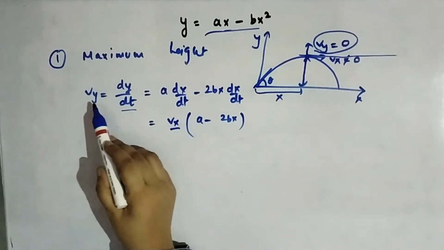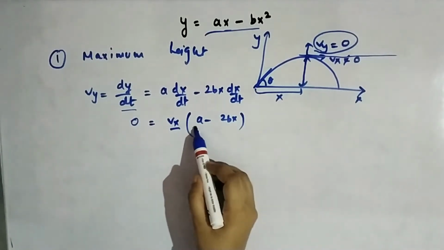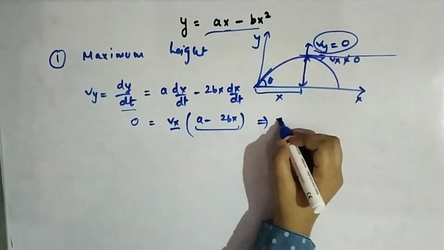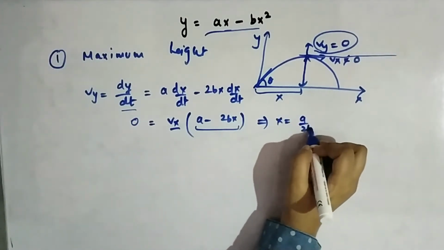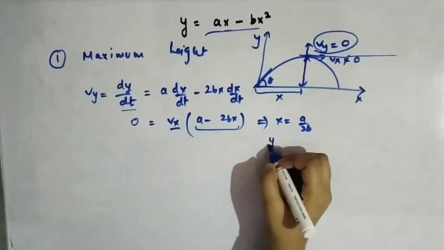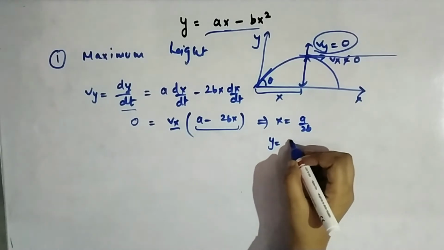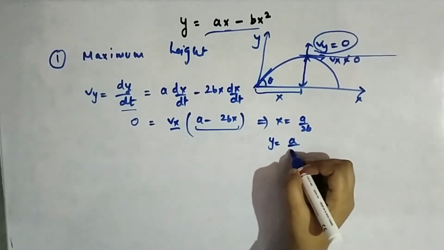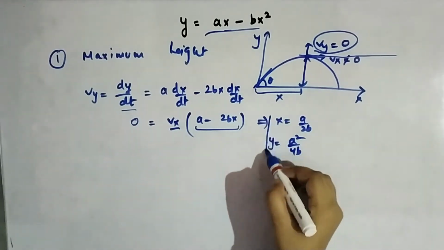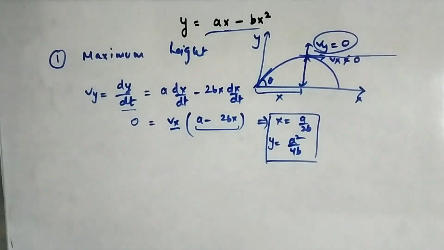Since vx is non-zero and vy is 0, a minus 2bx has to be 0, which implies x equals a upon 2b. And we saw it earlier as well that at x equal to a by 2b, y comes to be a square upon 4b.